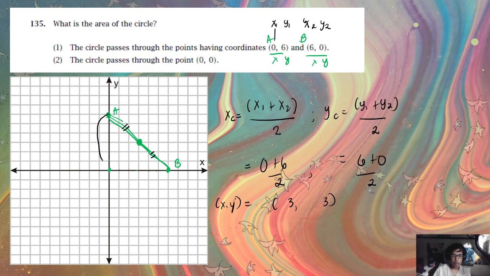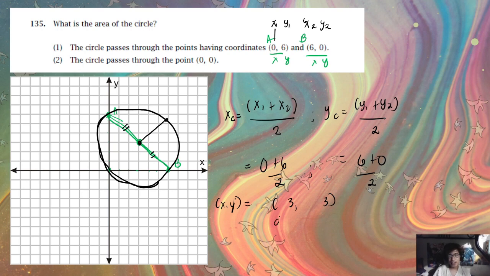It should pass through these points. There you go. It's not a perfect circle though. Therefore, we know that the radius of the circle is going to be what? Let's try to solve for the radius. The radius of our circle is going to be the distance between the center and one point on the circumference of our circle.